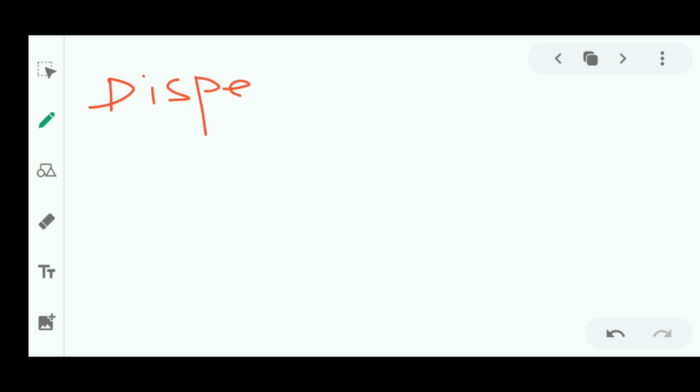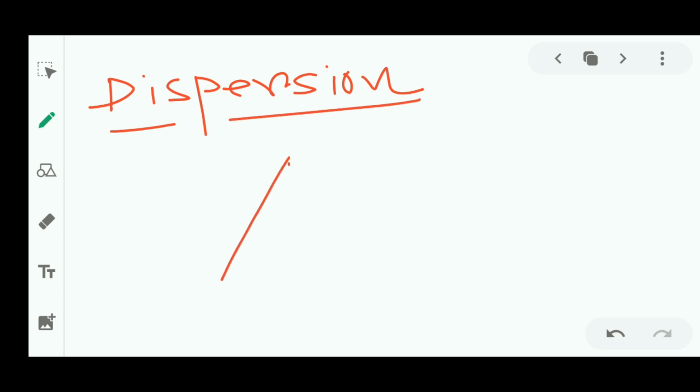Dispersion. So let us consider this is a prism.